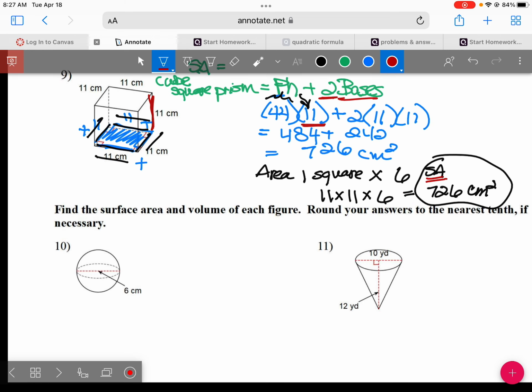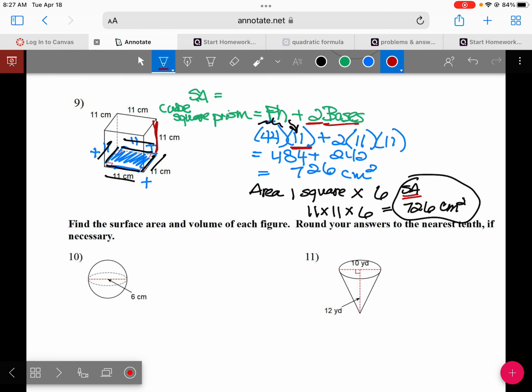It doesn't talk about volume, but I want to talk about volume of a cube because it's important for what you might see coming up very soon, like tomorrow. Nudge, nudge, wink, wink. So, volume of a cube. Volume of a cube is like volume of a prism. What is the volume of a prism? What is that formula? Look on your formula sheet. Right.